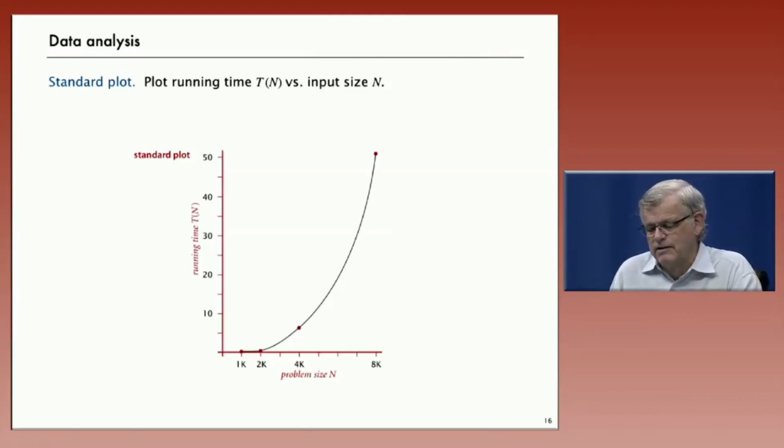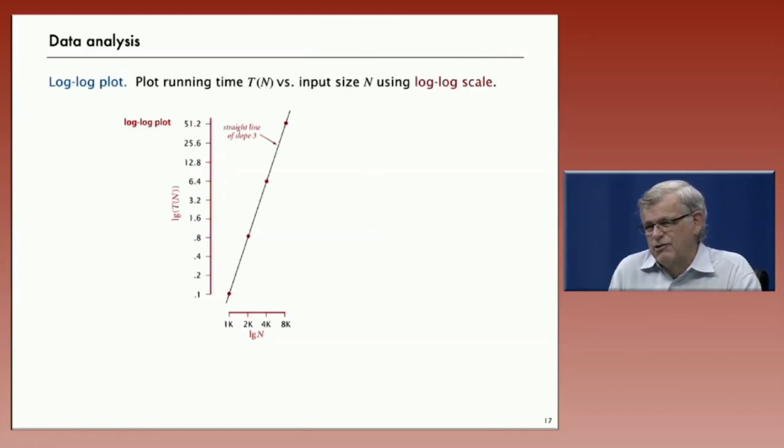We get a curve like this. And actually what scientists usually do, because so many problems fall into this class, is do the plot as a log-log plot. If you do it as a log-log plot, very often you'll get a straight line. And the slope of the straight line is the key to what's going on.